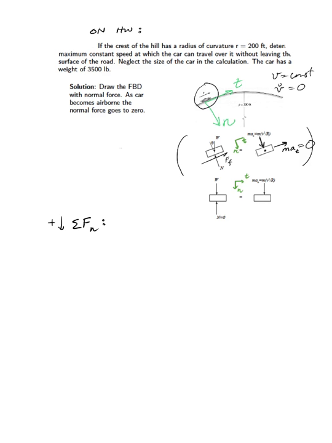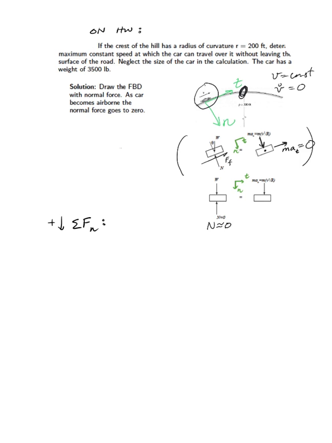All right, well, let's get the car all the way up to the top here, just to the top of the crest. And without leaving the surface means that this normal force is going to be approximately equal to 0. It's just going to be a fraction above. So essentially, it's going to be 0 in our calculation here. And again, all the way at the top, we still have 0 tangential acceleration because we've got constant velocity.